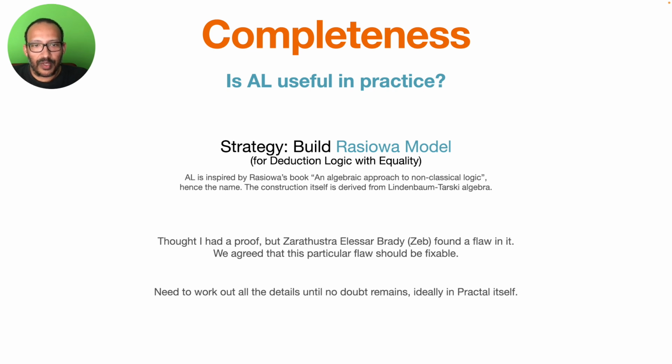Can I show everything with it that I would like to show? And this flaw that Zap has found, actually I would have found myself if I had just implemented this and started working with it, because I would have seen very quickly that certain things I cannot prove, right? I think it's very important to prove completeness, but I think it's just as important to build an actual system, and maybe I do that before I return to completeness.